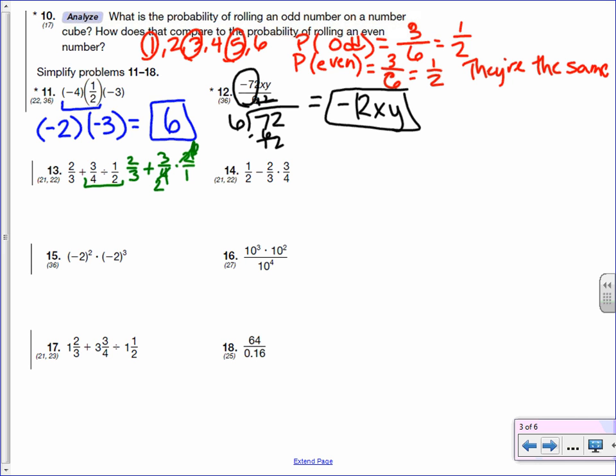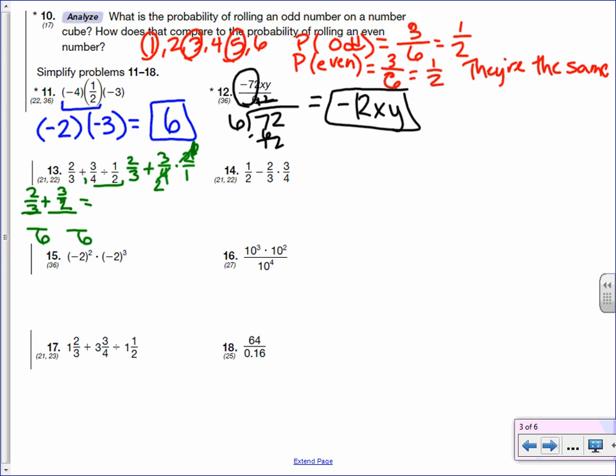So when I rewrite this now, I have 2/3 plus 3/2 times 1/1, which is just 3/2. So then I need to turn these two fractions so that they have a common denominator, and 2 and 3 have a common multiple of 6.